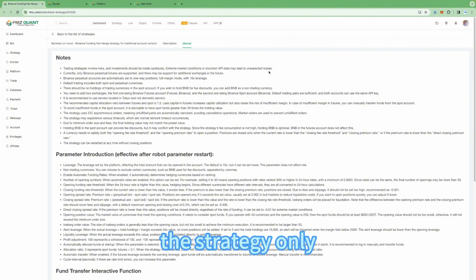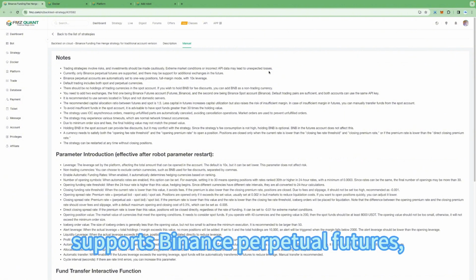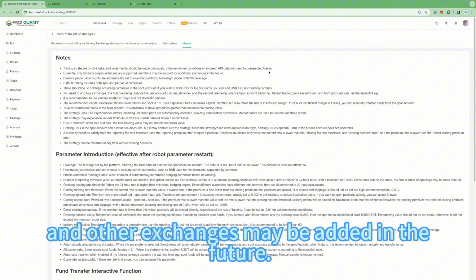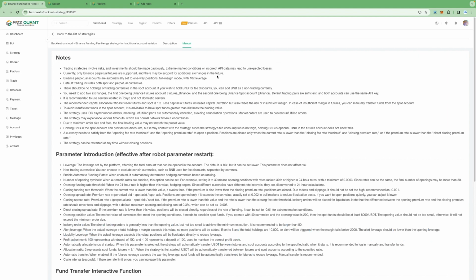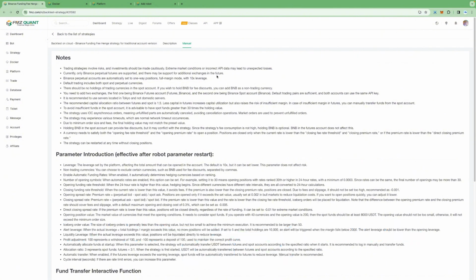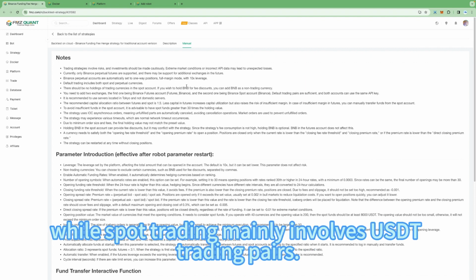At present, the strategy only supports Binance perpetual futures, and other exchanges may be added in the future. The initial strategy requires USDT as the initial asset. Futures are perpetual contracts based on USDT, while spot trading mainly involves USDT trading pairs.